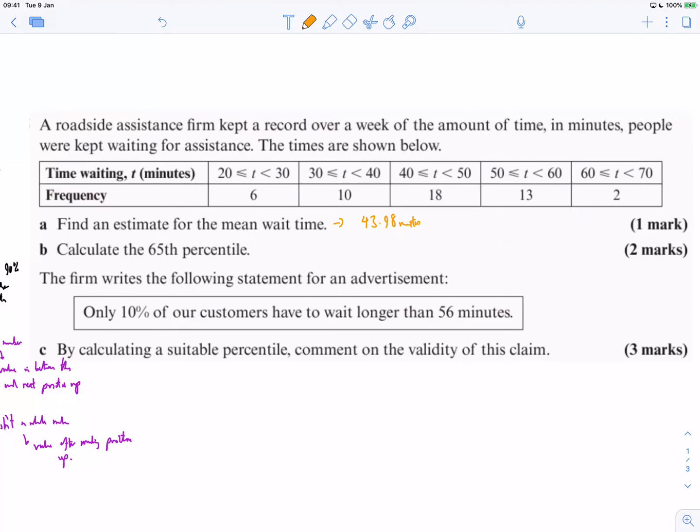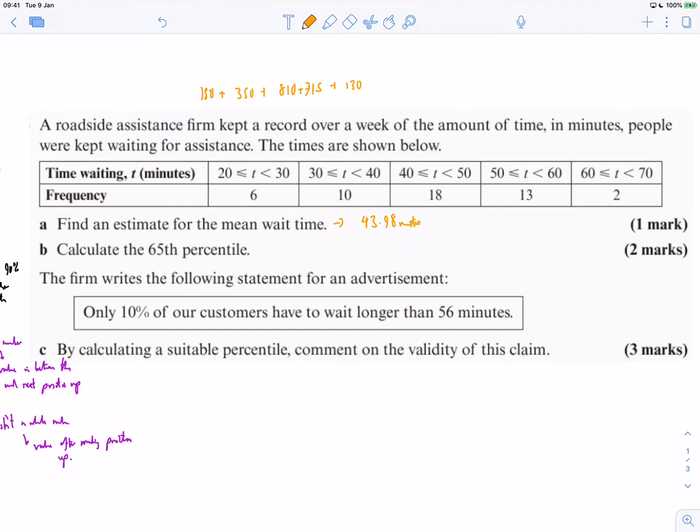Okay. Let's just double check I've done everything right. I would have had 25 times 6, which is 150, plus 35 times 10, which is 350, plus 45 times 18, which is 810, plus 55 times 13, which is 715, plus 65 times 2, which is 130.